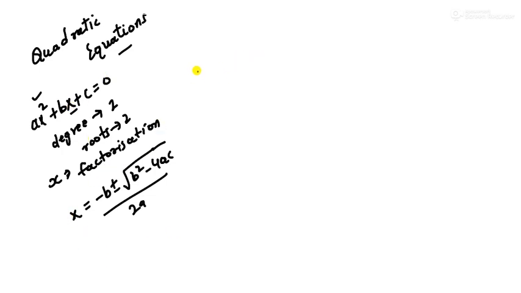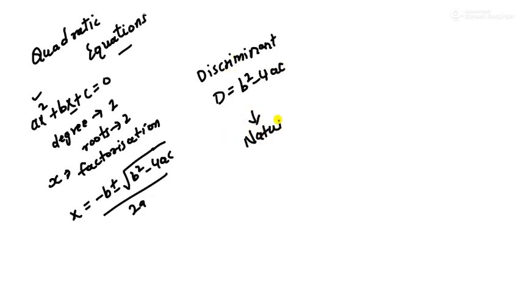Now another topic related to this is discriminant. Discriminant is given by d is equal to b square minus 4ac. Now this is used to determine what? Nature of roots. For example, if d is equal to 0, the roots are real and equal.